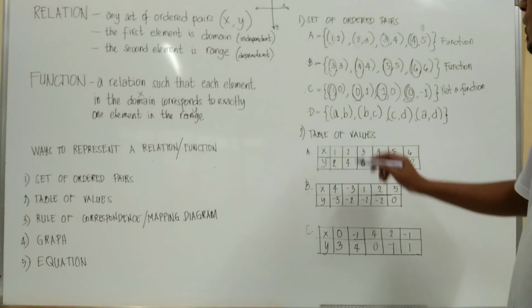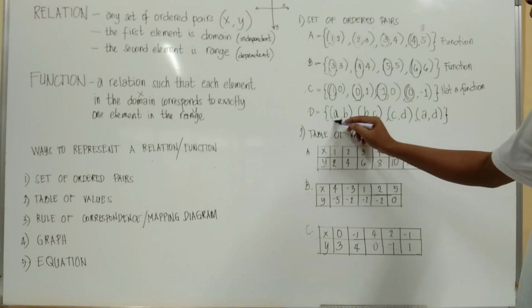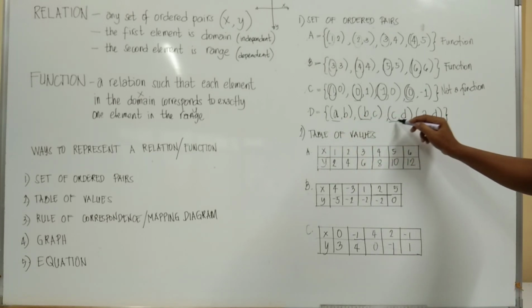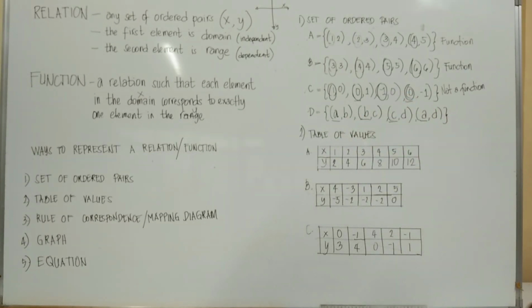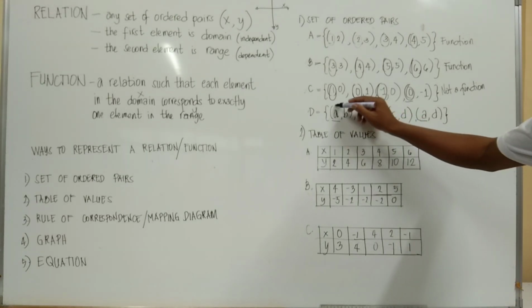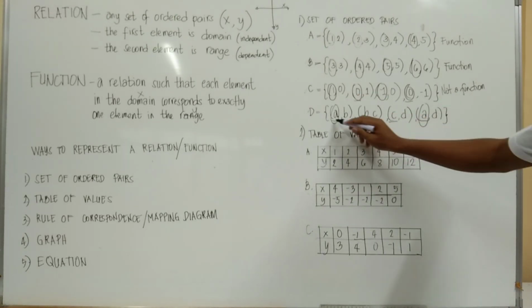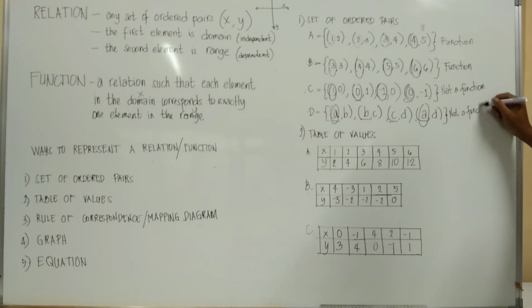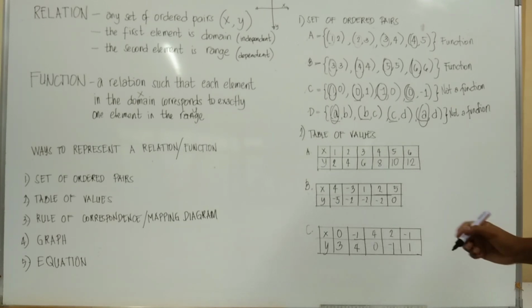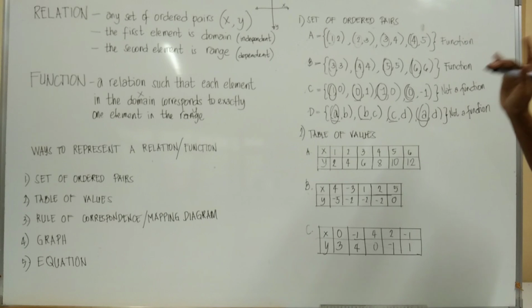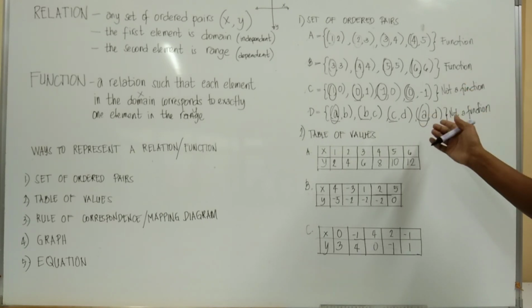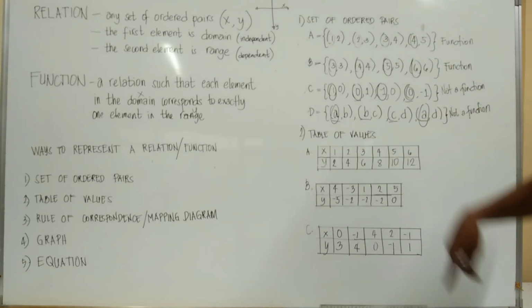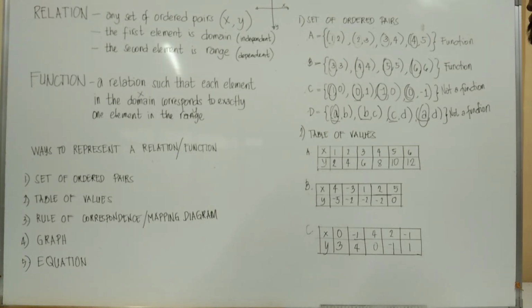Let's proceed to set D. We have A, B, C, and A as your domains. The domain A repeats, so we can say that it is not a function. So it is very easy to identify which is a function and not a function using your set of ordered pairs.